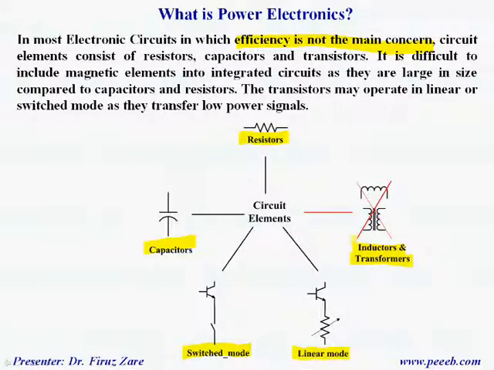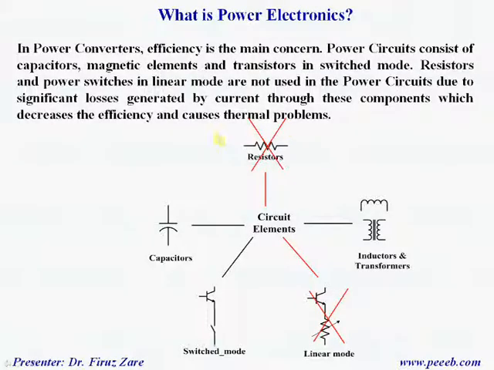So that's why the transistor may operate in linear or switch mode, and the reason is that the electronic circuit operates at low voltage, low power. In power converters, efficiency is the main concern. That means power circuits consist of capacitors, magnetic elements like inductors or transformers, and transistors operating in switch mode.